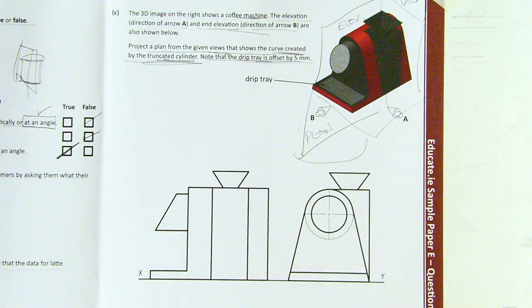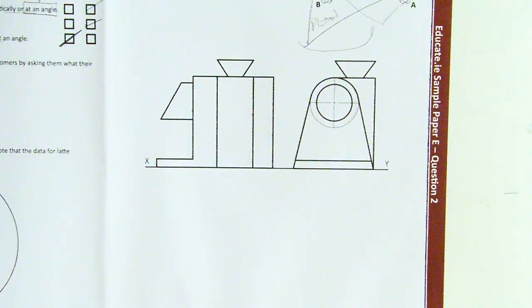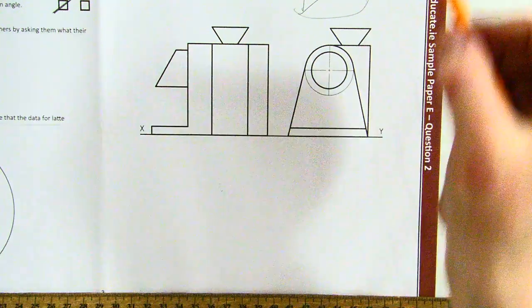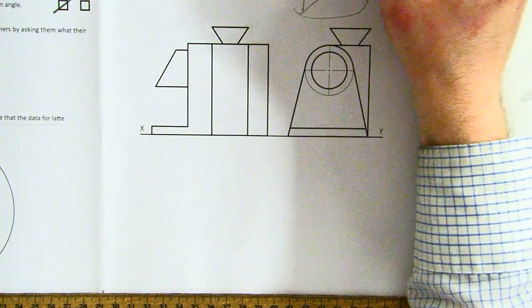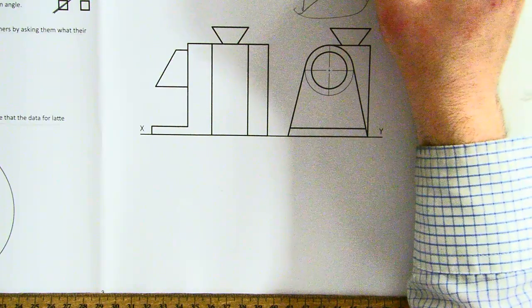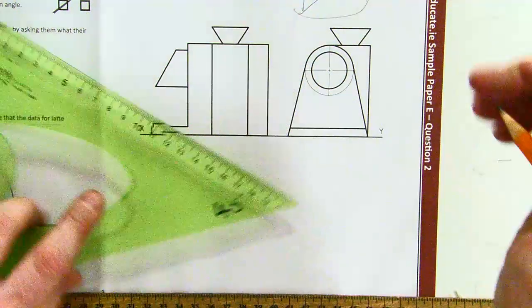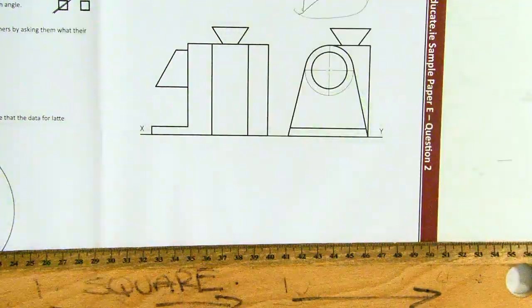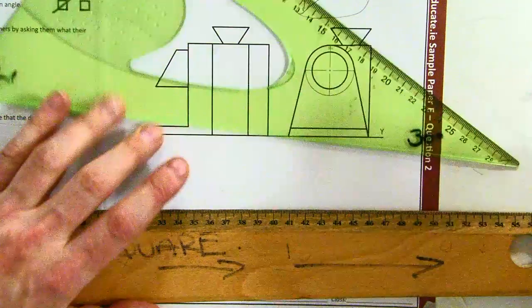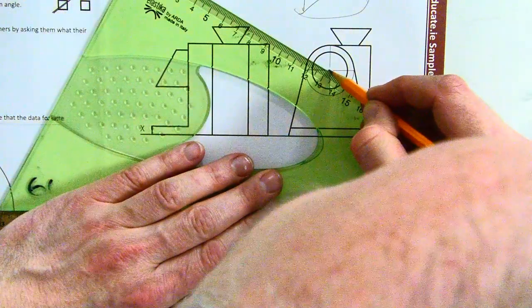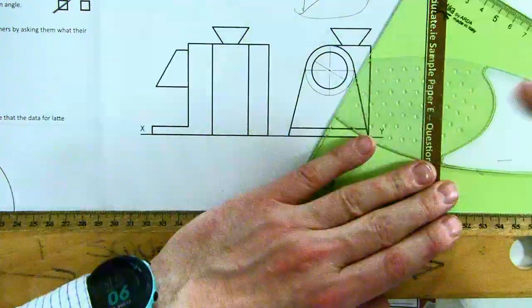The main thing that they'll want to see in this question, and the hardest part, is this: when we're looking down in a plan at this here, this is going to end up looking like an ellipse. All right? And how we get that there, we get our 30-60, and we're going to divide this circle up with our 30-60.